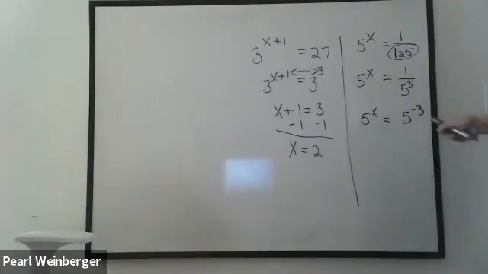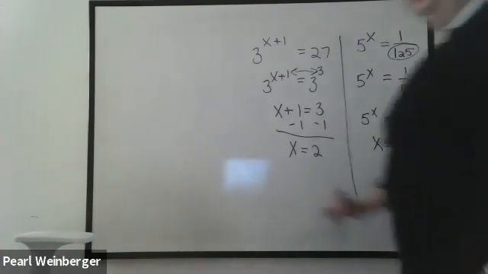So 1 over 5 to the 3rd can also be written as 5 to the -3, which means that my x is equal to -3. The fact that it was in the denominator told me I'm going to have a negative answer, because the only way I could get a fraction would be if I had a negative exponent.